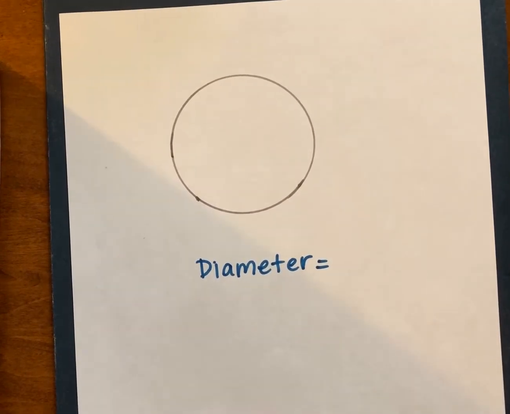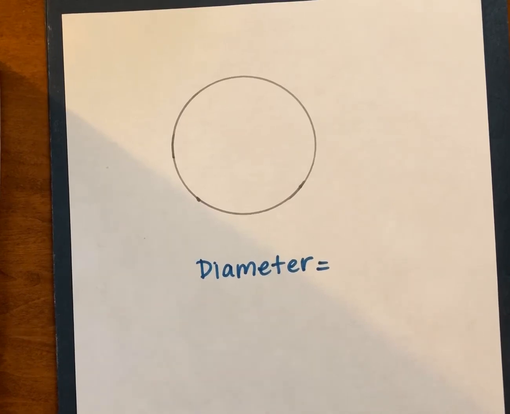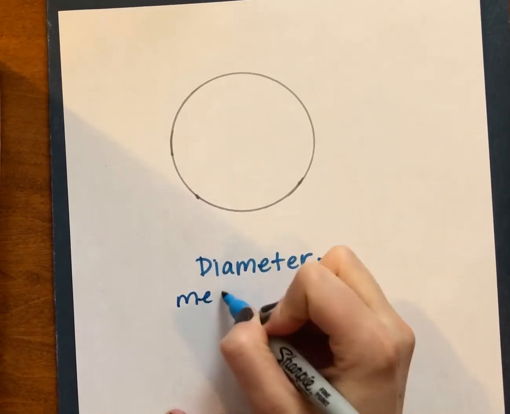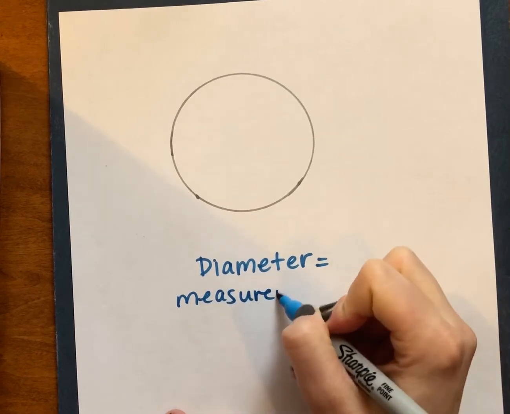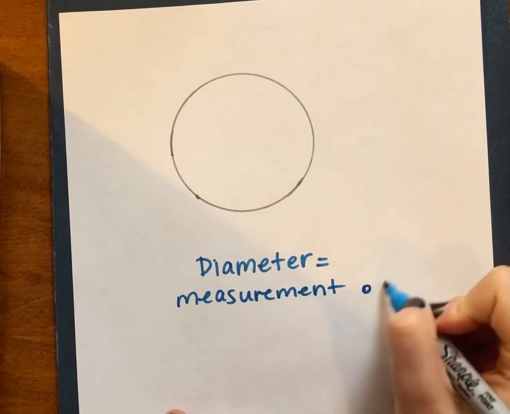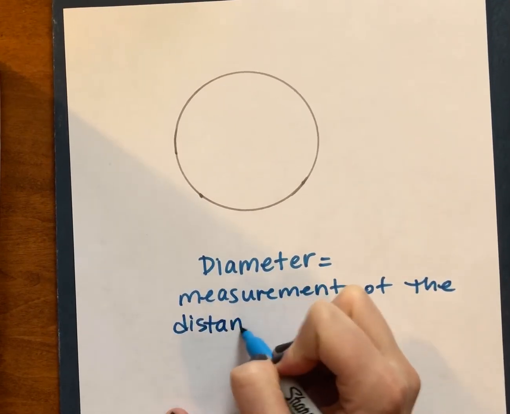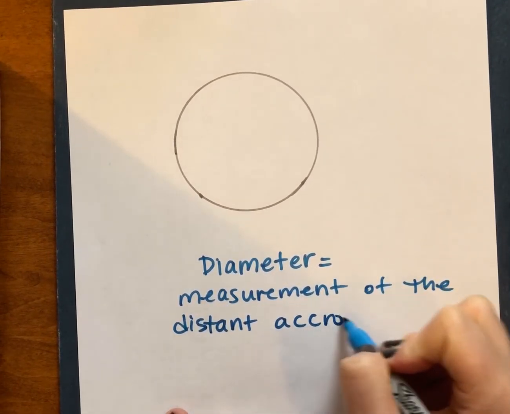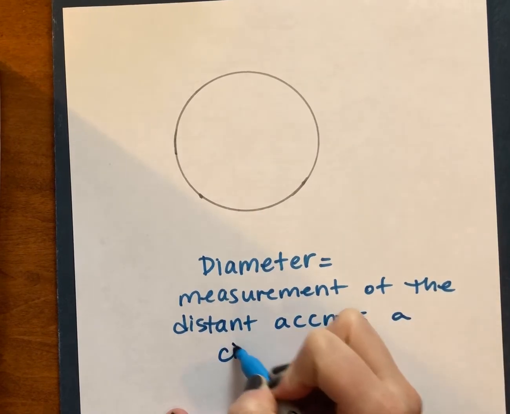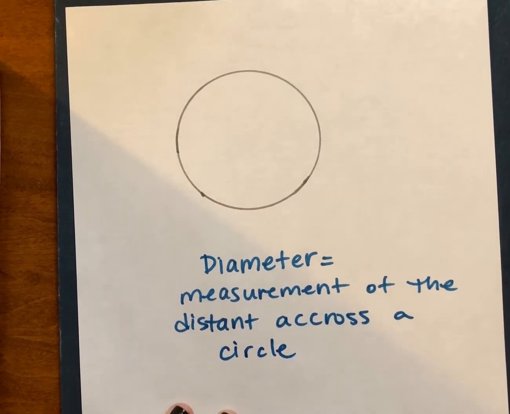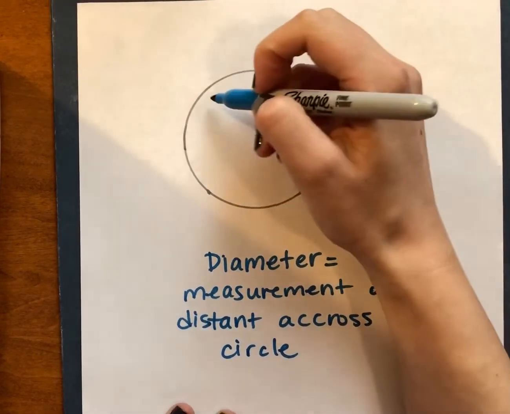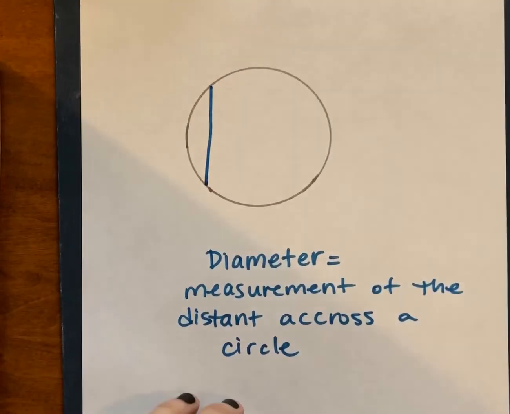And we say that the diameter is a measurement across a circle. So it's a measurement of the distance across a circle. So let me draw in a diameter that went across a circle.